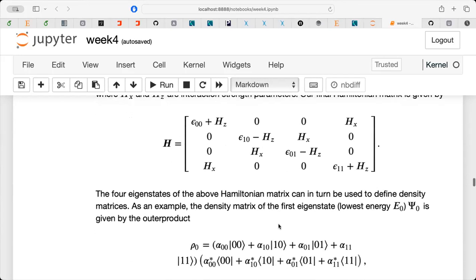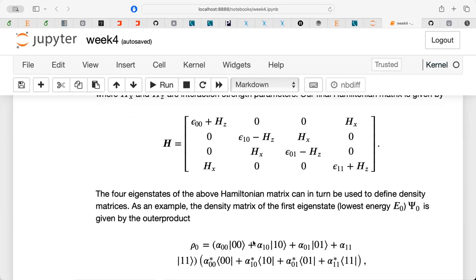Then you have a ground state, psi0, which is, as you can see here, a linear combination of these basis states. So when you diagonalize, you get a linear combination where these coefficients alpha 0,0, alpha 1,0, alpha 0,1, and alpha 1,1 are the components of the eigenvectors which we get when we diagonalize.